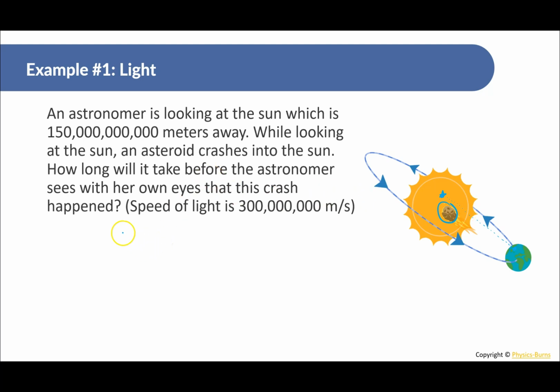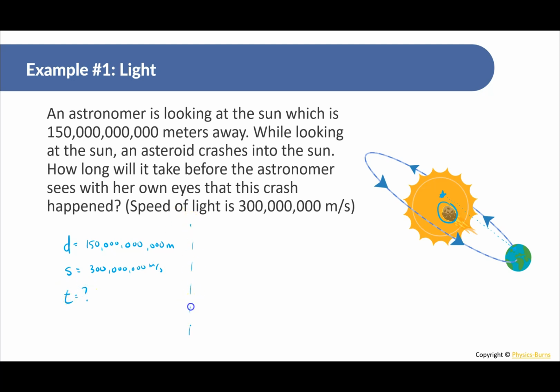We know the distance is 150 billion meters, and that the information travels at the speed of light, 300 million meters per second. We want to know how much time this takes.